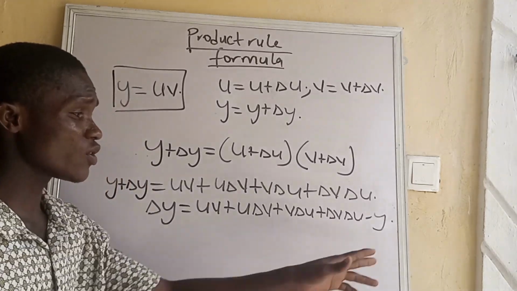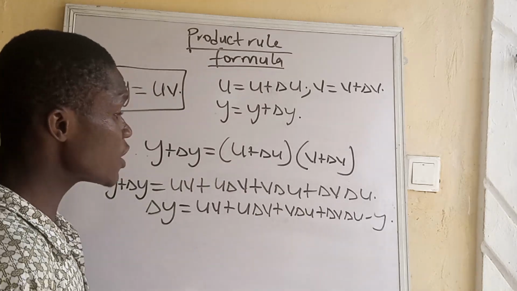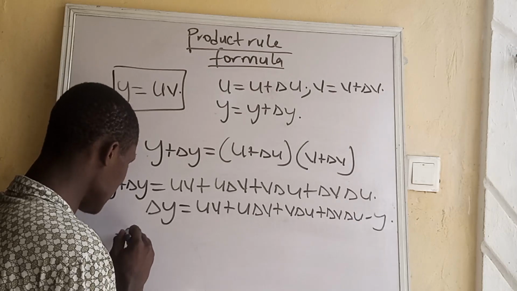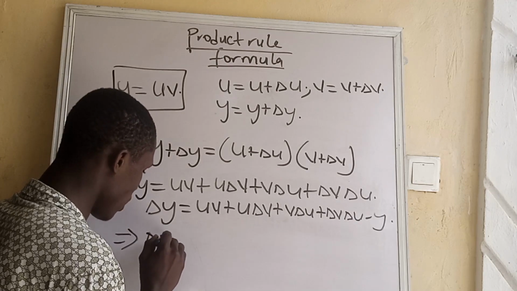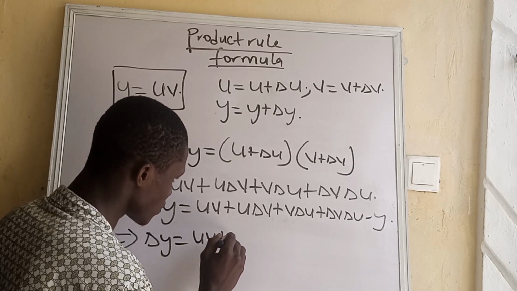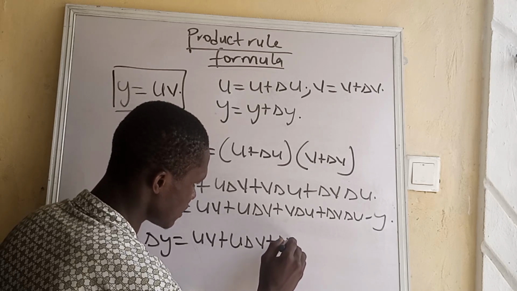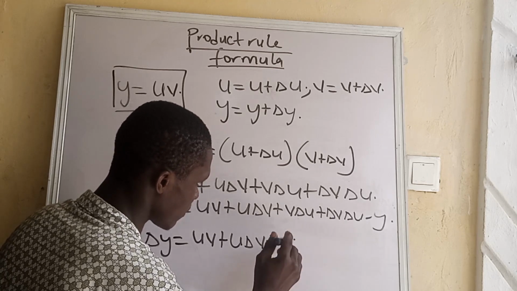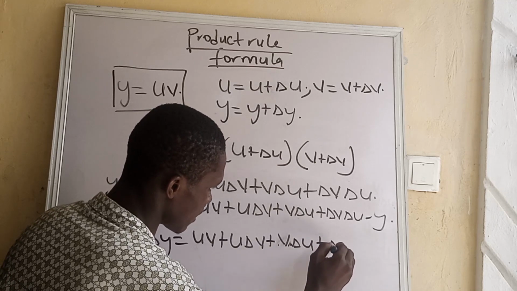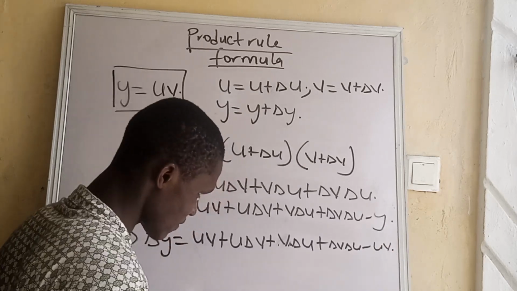So in other words, you can remember from the question that our y is equal to uv. So in the place of y, we are assigning uv. Which implies our delta y is equal to uv plus u delta v plus v delta u plus delta v delta u minus uv.